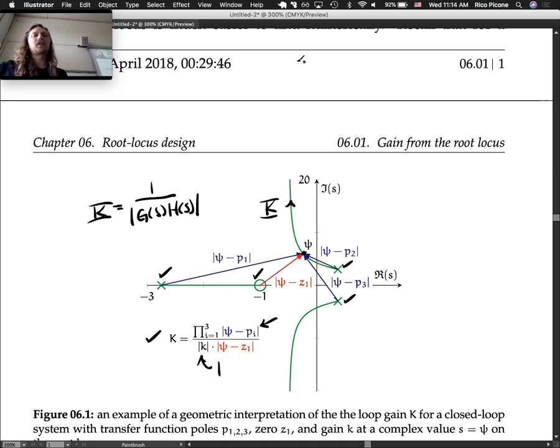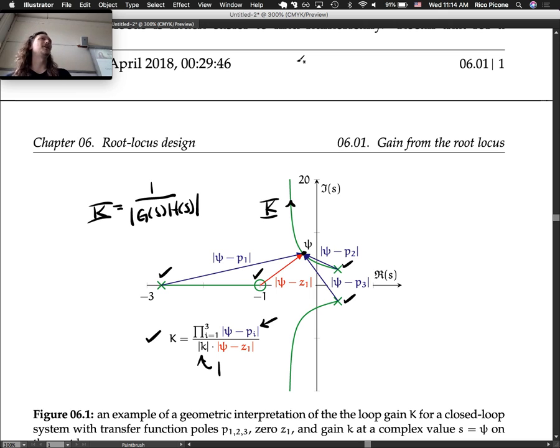You can think about it in different ways. I'm trying to give you an alternative way to think about it to improve your intuition about the root locus, and also to give you a way to solve for the gain geometrically.